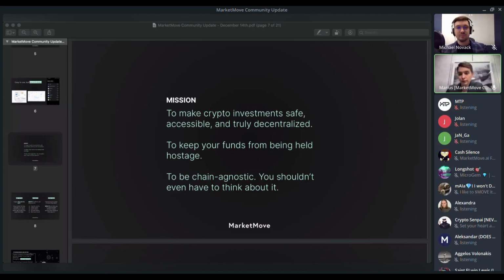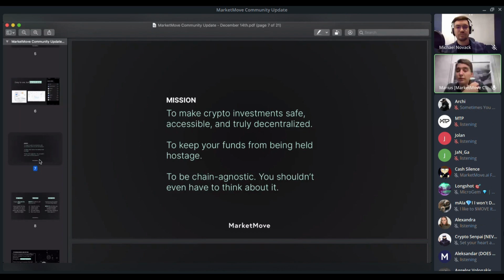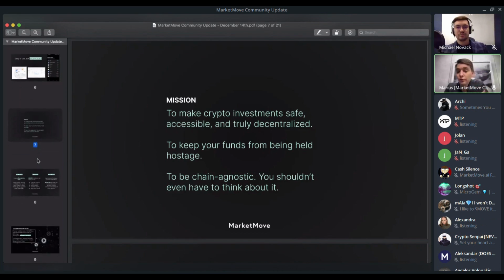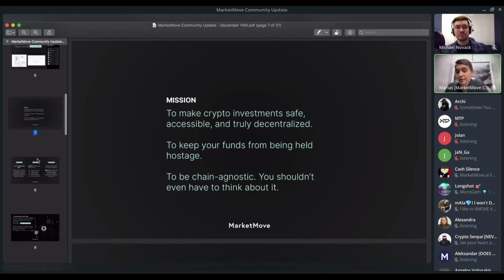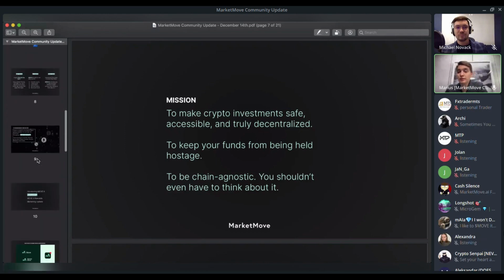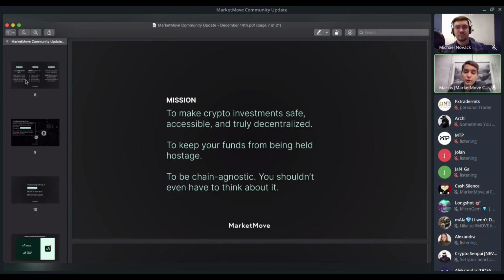You may have encountered it or not, but this is all happening, and this is a serious barrier for crypto adoption. That being said, there is currently no alternative. All of the tools are difficult to use, like configuring MetaMask, everything like this is just very difficult if you're a newcomer. So we want to be chain agnostic.